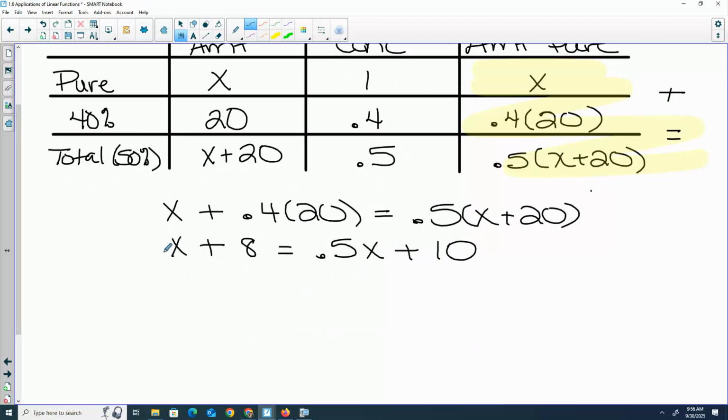Now we solve our equation. Subtract over the 0.5x, subtract 8, divide by 0.5, and you get 4. What do I need to do now?